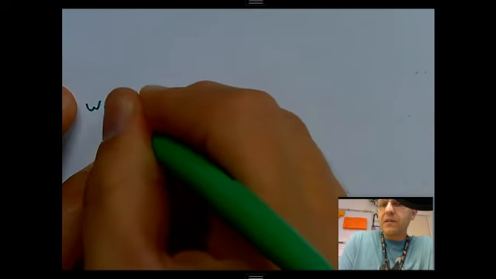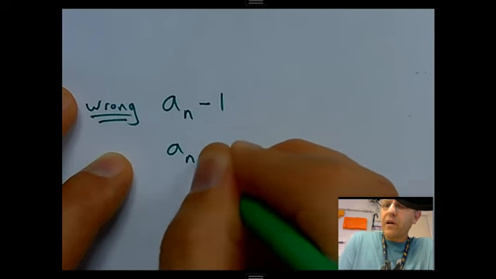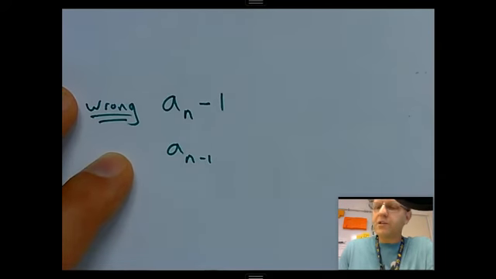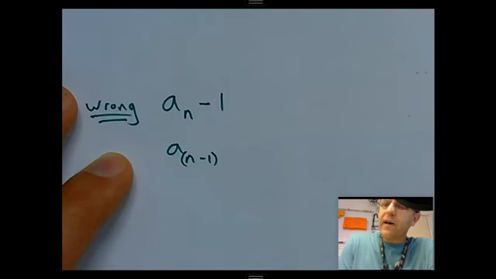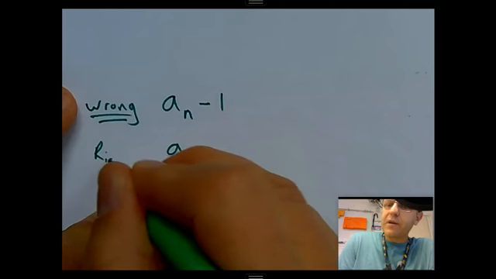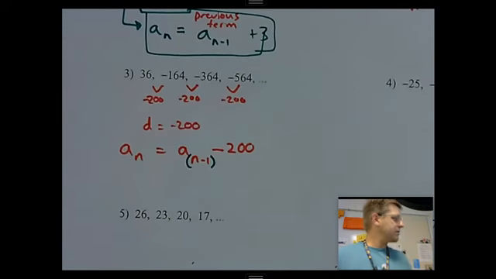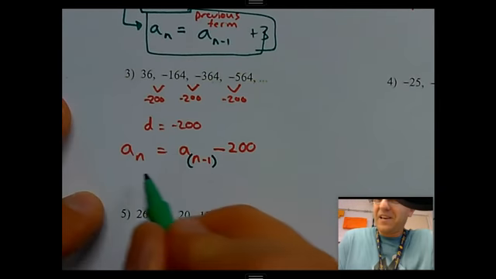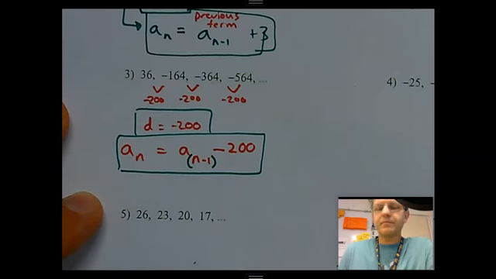So this is wrong. What we want is that. We want the minus 1 to stay little and stay down low, and the only way the computer is going to do that is if you put parentheses around it. Okay? So this is when you're using the computer. When you're writing on paper, you can make the numbers stay down low if you want. You just put your pen down there and write it. So here we go. That's your recursive formula, and there's your common difference.